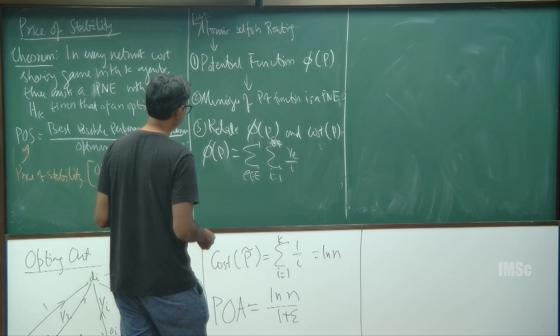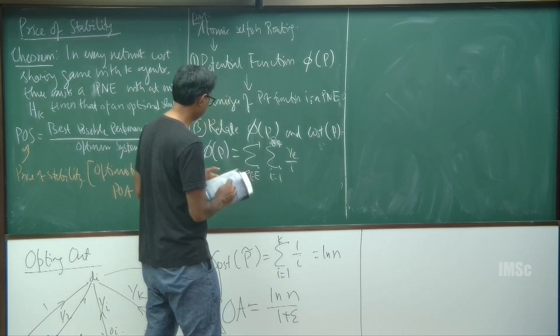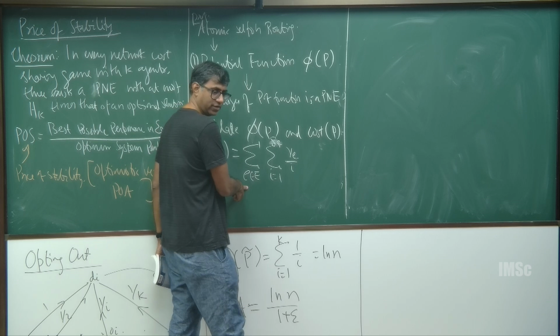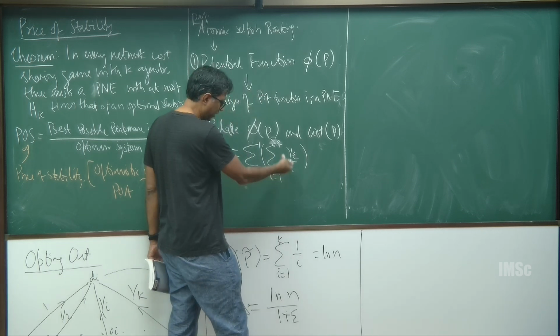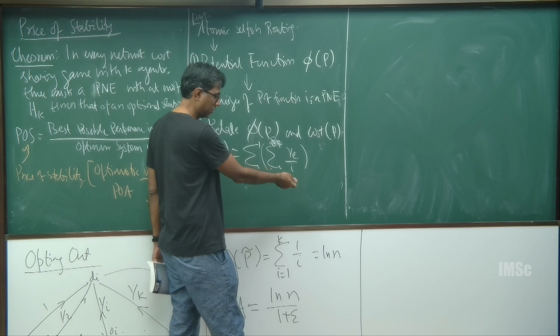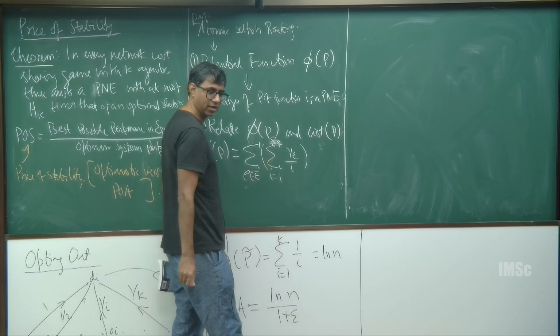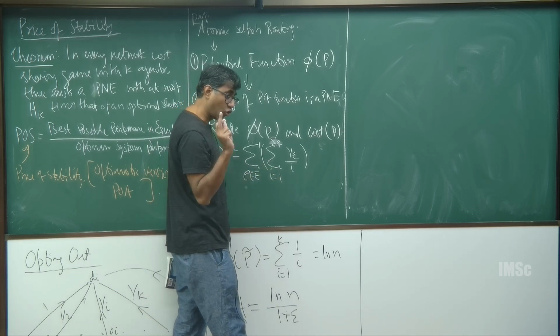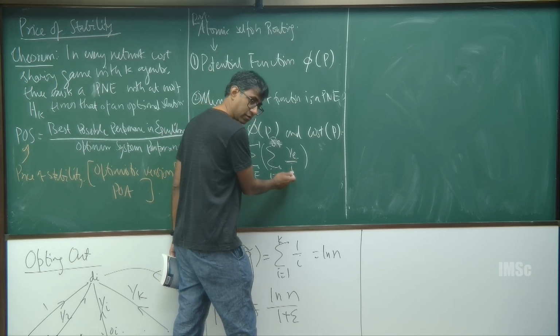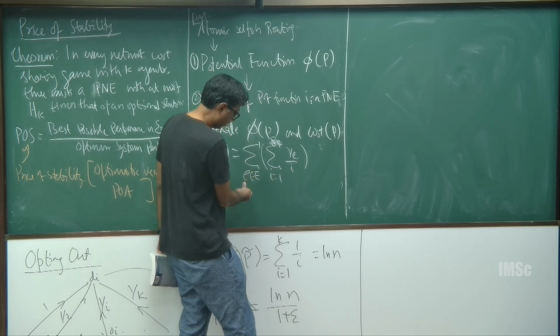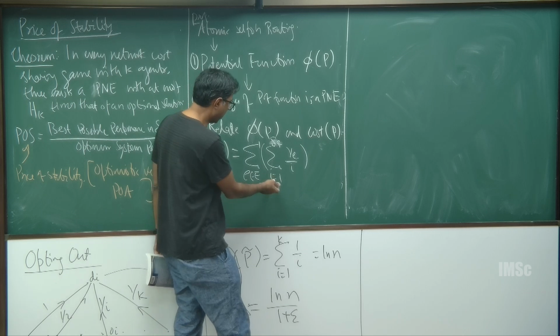Do you see what they do? This is the potential function they define. You go over each edge, you add gamma e by i, how many times? F e times. Notice in the cost of p, you only add gamma e by F e for each agent, i equal to 1 to F e.